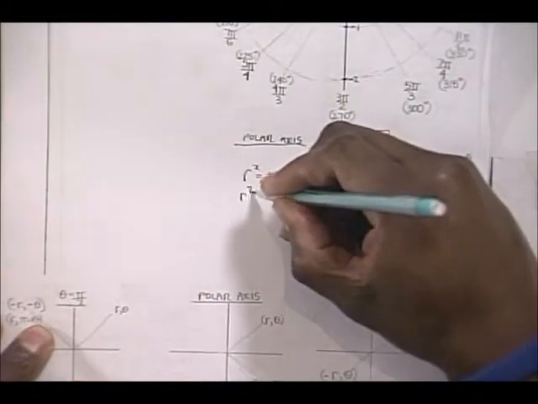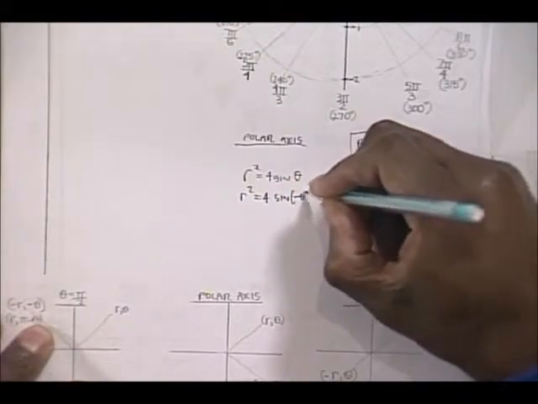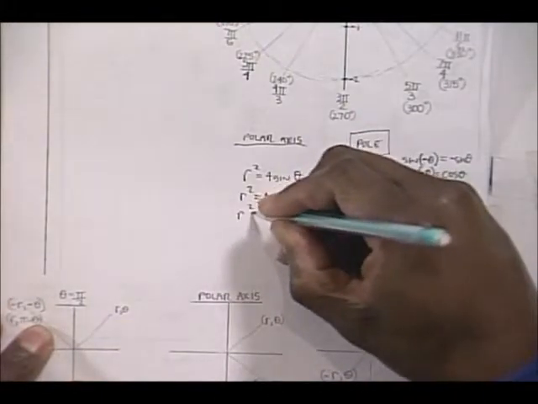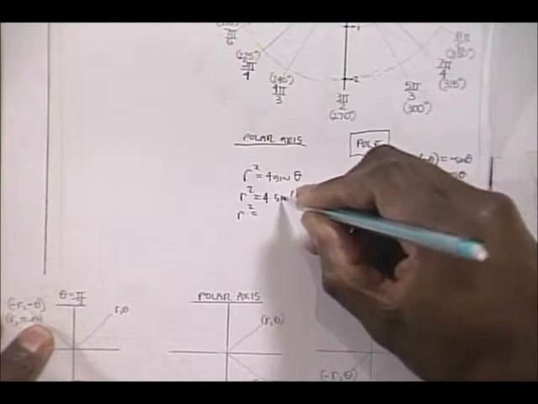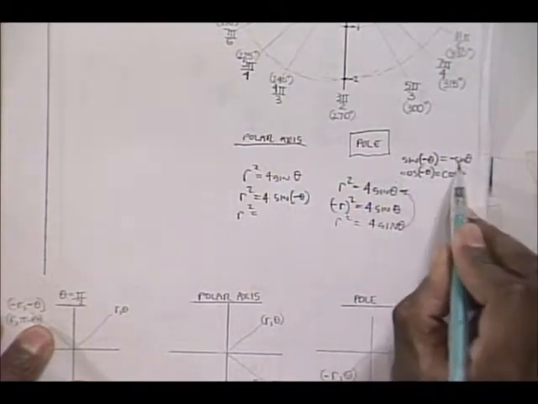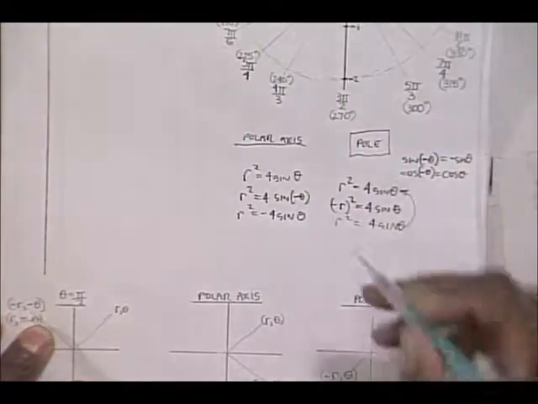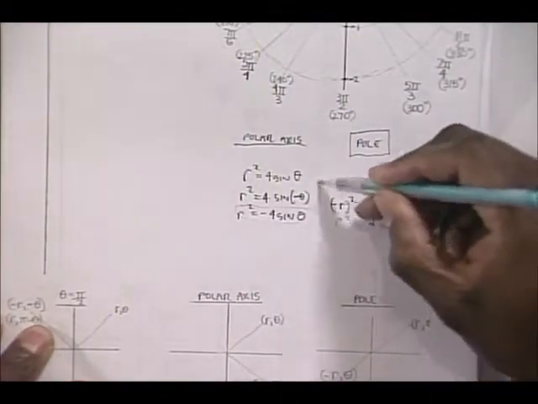If you substitute in r and negative theta, r squared is equal to 4 sine of negative theta. We've already discussed that the sine of negative theta is negative, so you end up with negative 4 sine theta. Notice how you end up with something different.